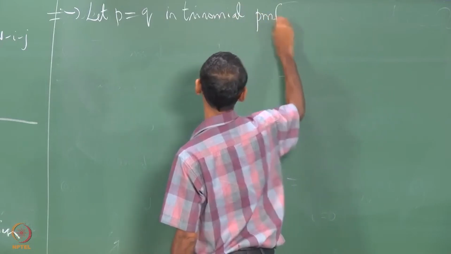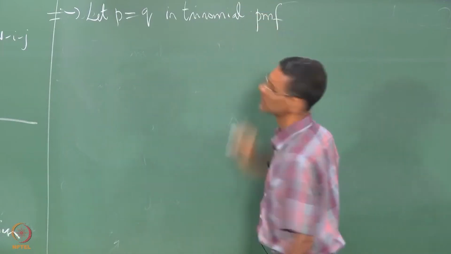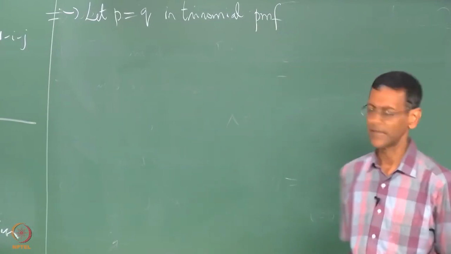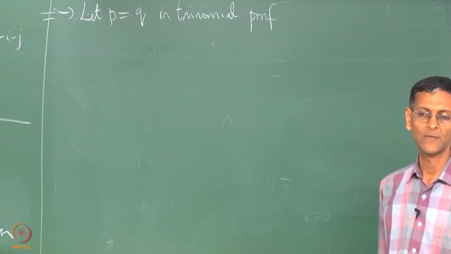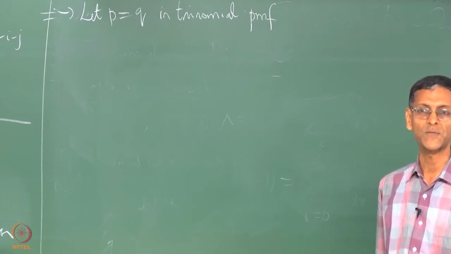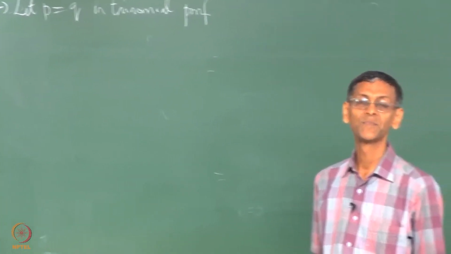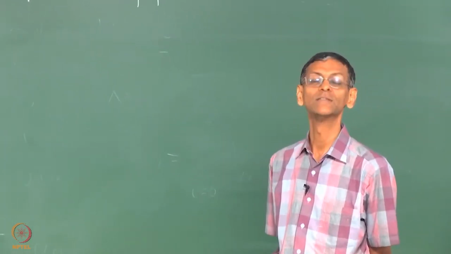In the trinomial PMF, the joint PMF, of course I am just omitting the word joint, let p equal q. What can you say about x greater than y and x less than y? Those probabilities must be equal, without even any calculation.